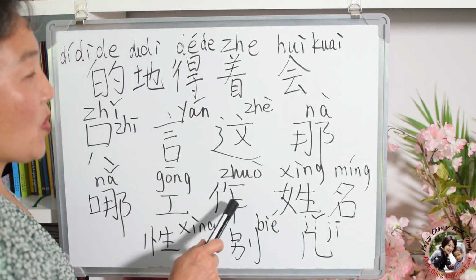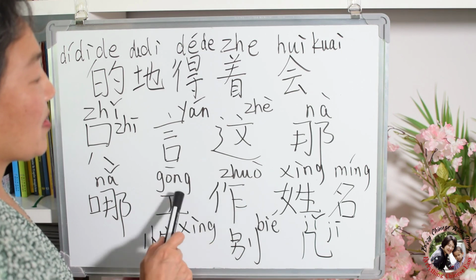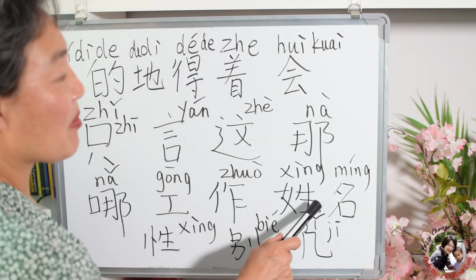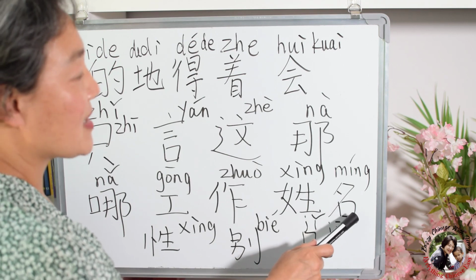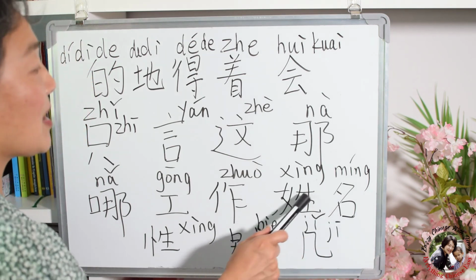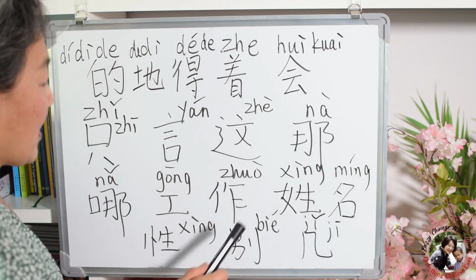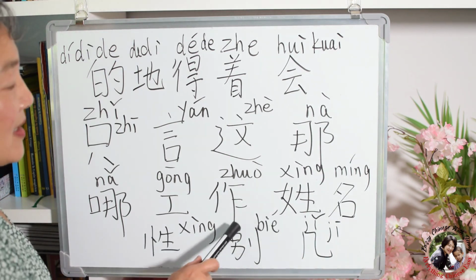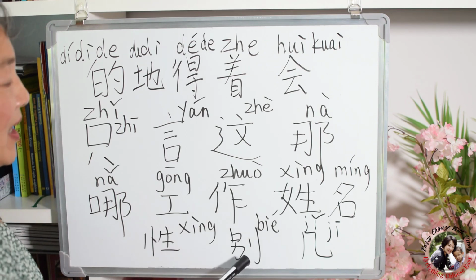Zuò, work. Gōngzuò together means a job. Xìng, last name. Míng, first name. Xìngmíng together means your name. Xìng, gender, sex. Bié, difference. Xìngbié means your gender.